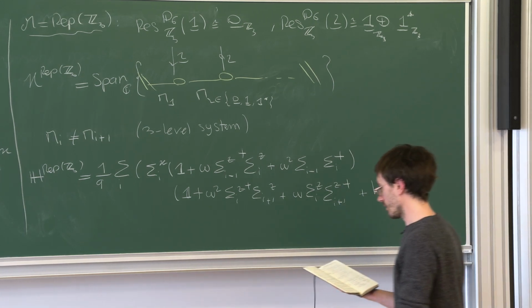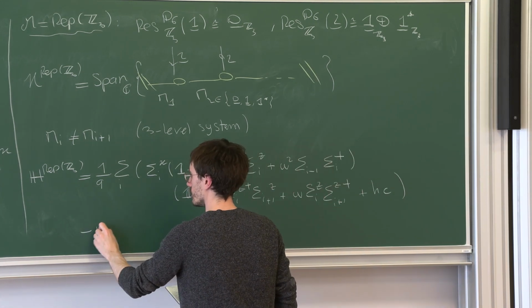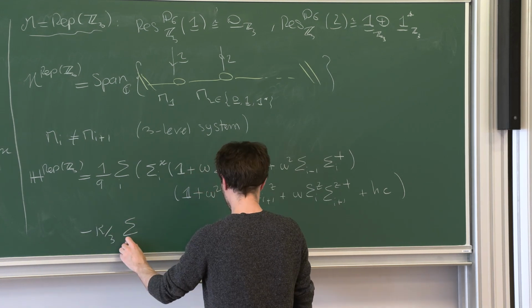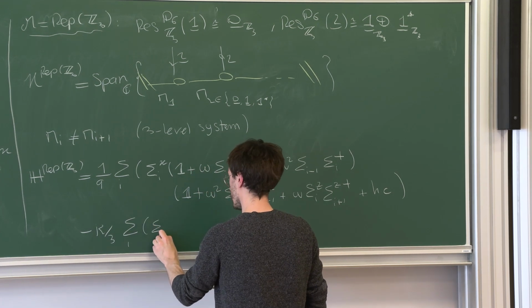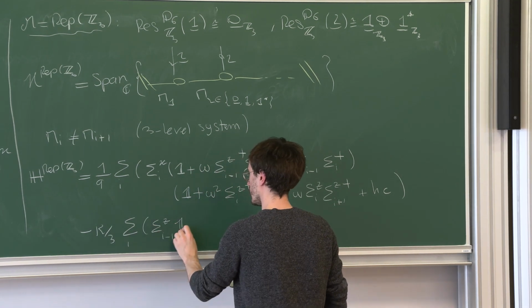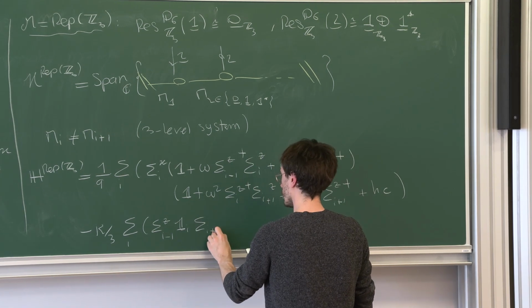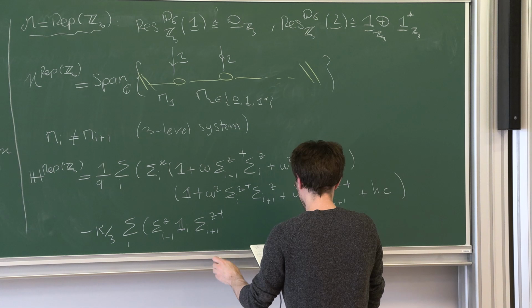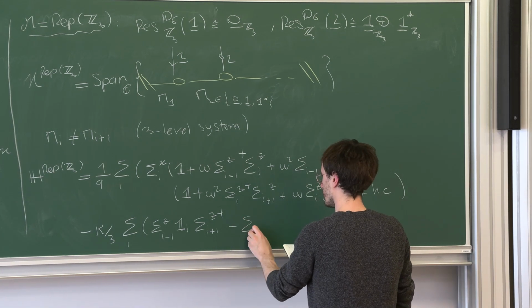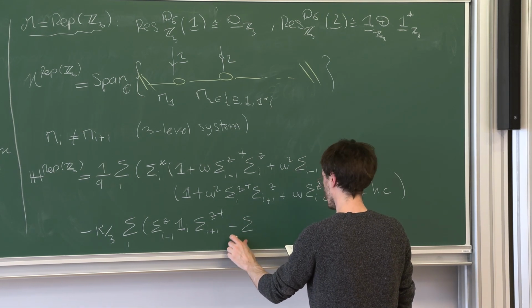Okay, so that's the first part of the Hamiltonian, and the second part is a bit easier. At the end of the day, this is kind of just a sigma z term essentially, but with the additional constraints.